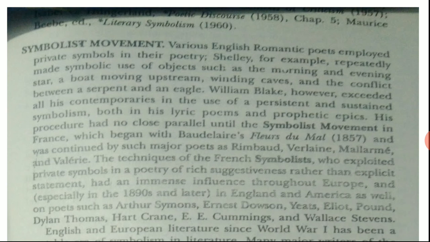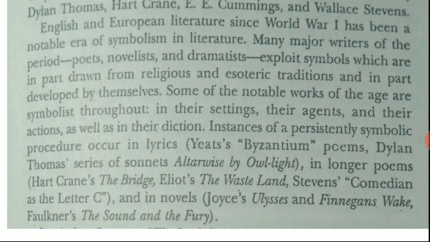Similarly, Dylan Thomas' poems are full of use of symbols. Also Stevenson's comedies, and in the novel especially Joyce's Ulysses and Faulkner's The Sound and the Fury. All these are examples of works produced under the effect of symbolism.